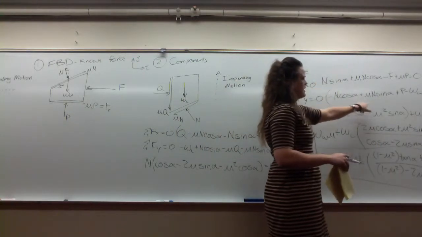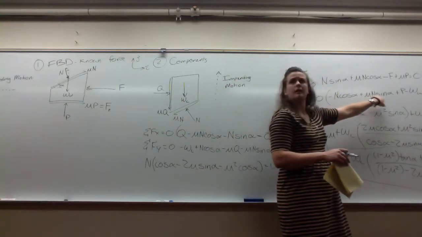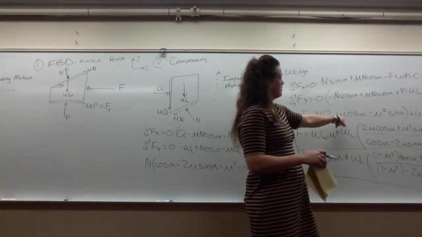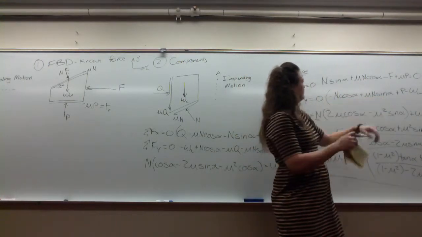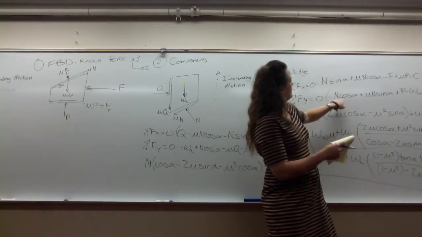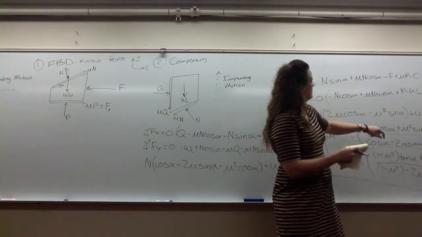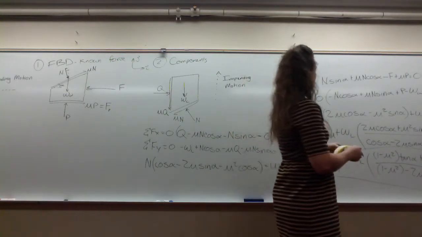Because we are subtracting, we have a mu squared sine alpha here. Yes, you're subtracting from sine alpha mu cosine alpha. Oh, am I missing a term? And 2 mu cosine. Probably missing a term. Or I wrote it wrong.